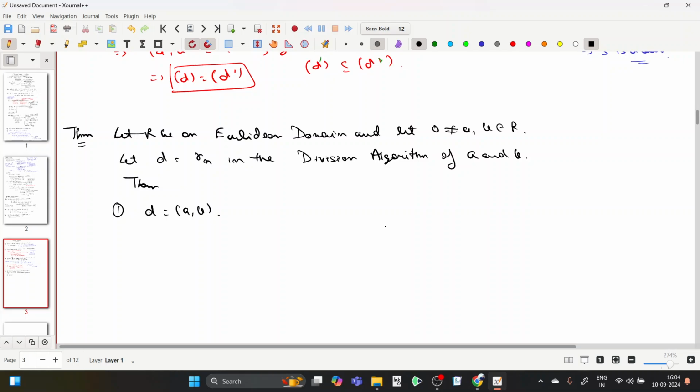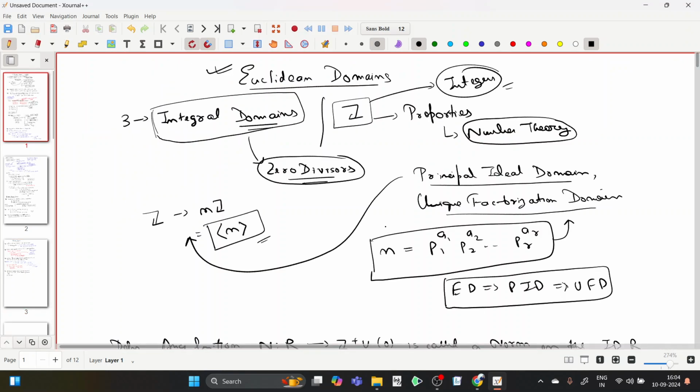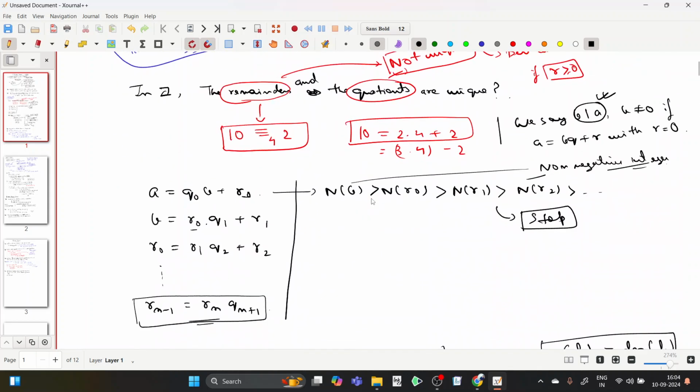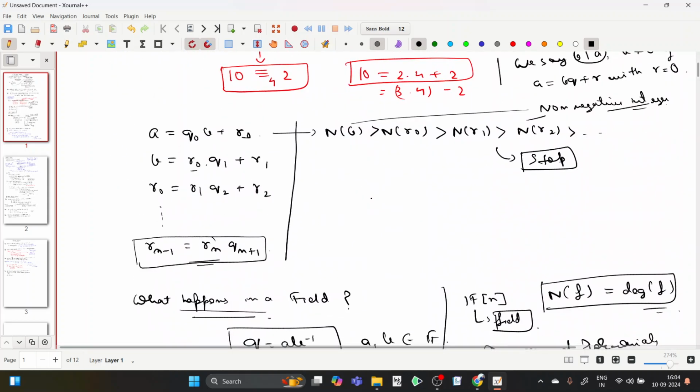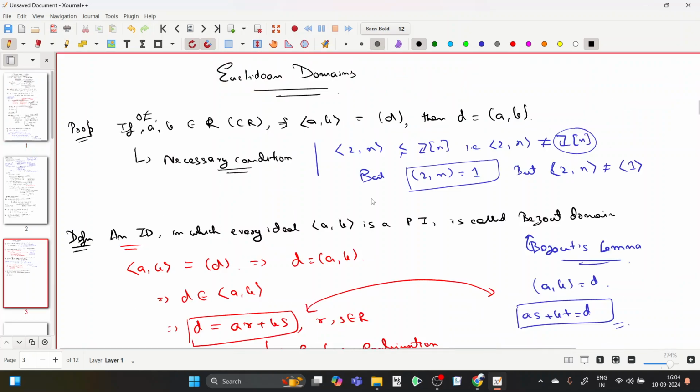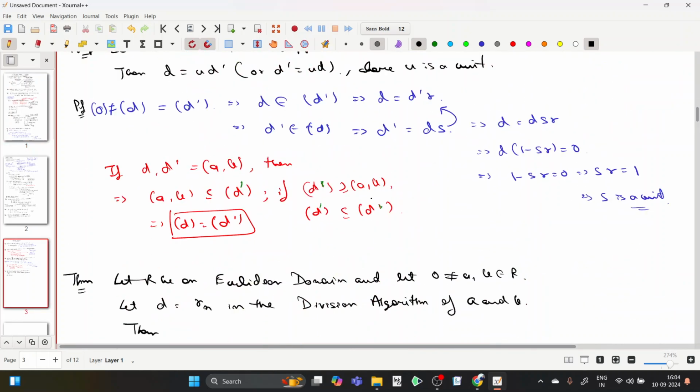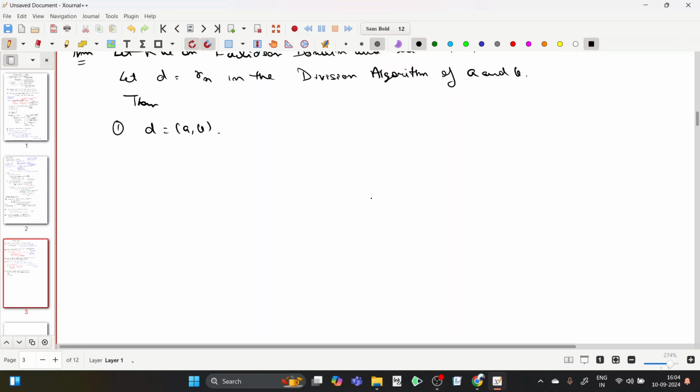So Rn, if you recall, was the last divisor. Let me just go back to where I started the discussion. So Rn was the last divisor. If we go back to the last divisor, then that indeed is the GCD of A and B, the last perfect divisor, I might think of it like that.